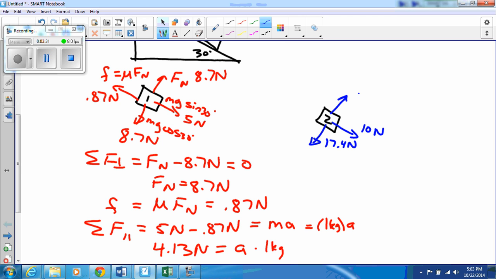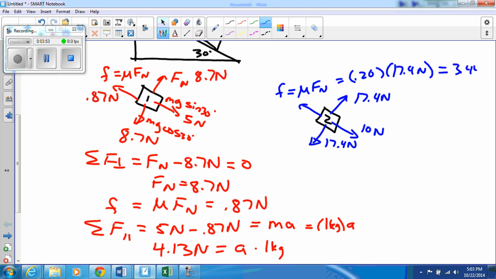And that means that the normal force also will be 17.4 newtons. The frictional force is tricky because of the differing mu. The frictional force is going to be mu times the normal, which is going to be 0.2 times 17.4 newtons, or 3.44 newtons.